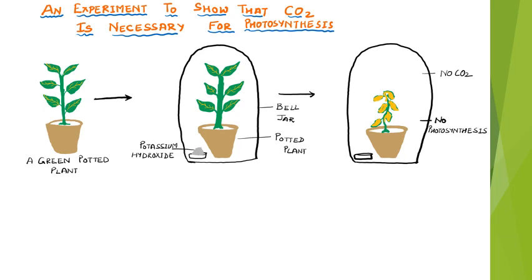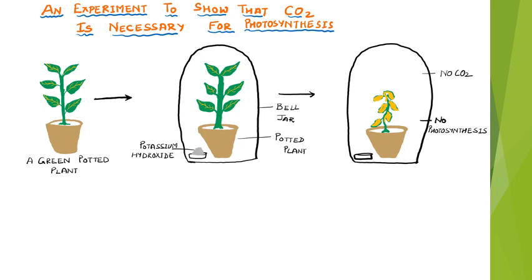For this we have to take the help of a special, magical chemical called potassium hydroxide. Why potassium hydroxide? Because it has the ability to absorb the atmospheric carbon dioxide. It means wherever we put potassium hydroxide, it will absorb all the carbon dioxide present in that particular area.